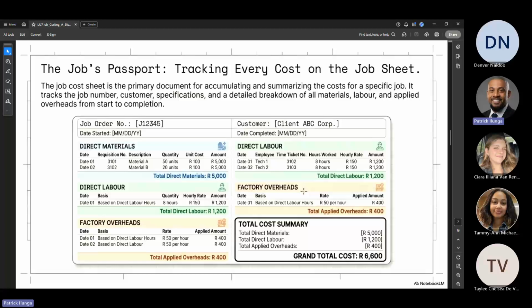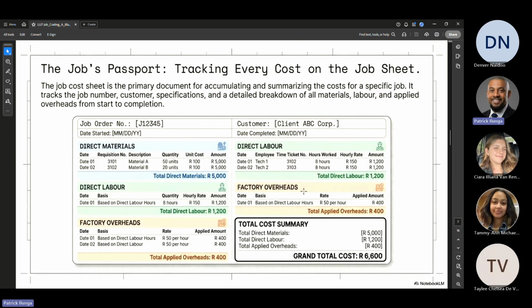Okay. So you will see this thing in your textbook. It's not going to come up in your exam, but this is for your information. Job costing, use a job sheet. What is a job sheet? It's like a passport for each job. It is for tracking purposes. It helps to track every cost.